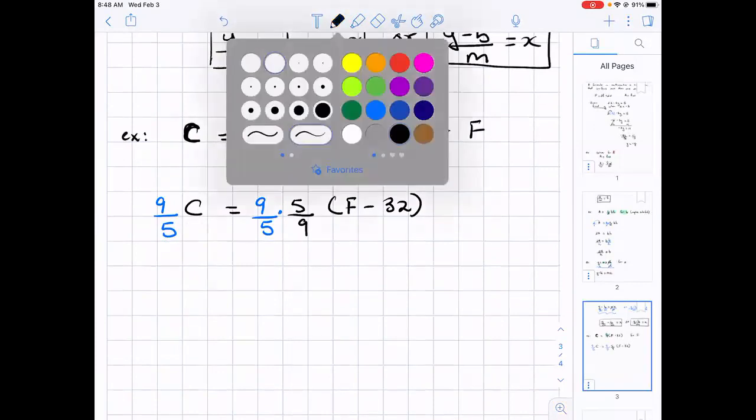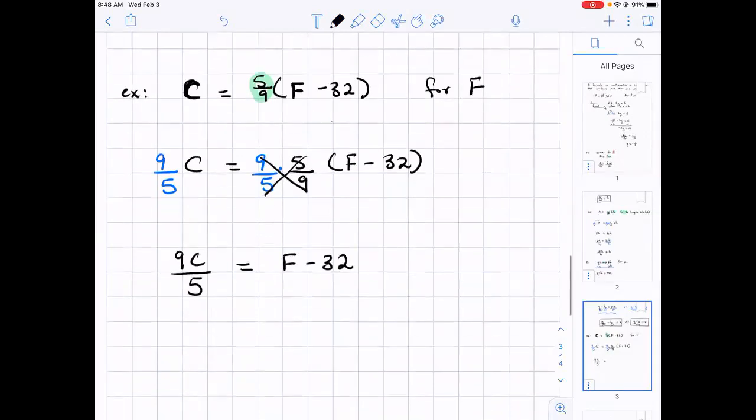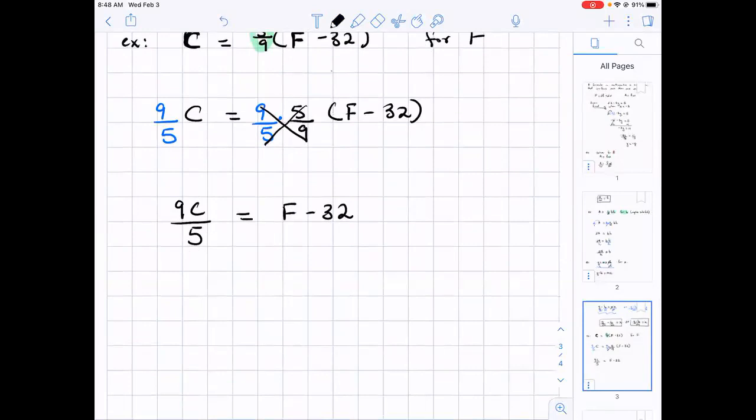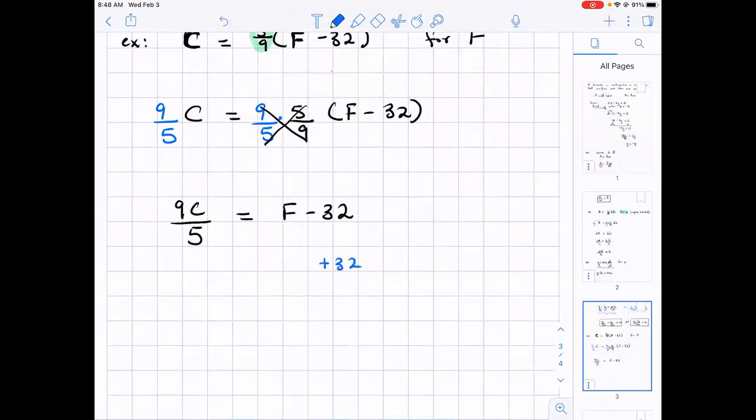When we do this, we have 9c over 5 is equal to, the 9 will cancel, the 5 will cancel, f minus 32. Our goal was to solve for f, so now we will add 32 to both sides.